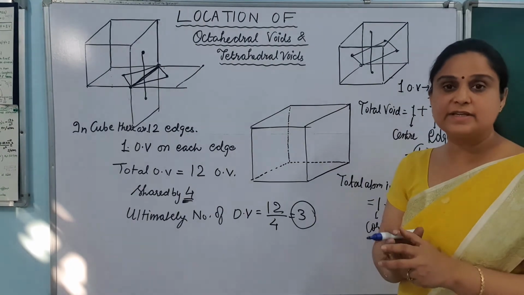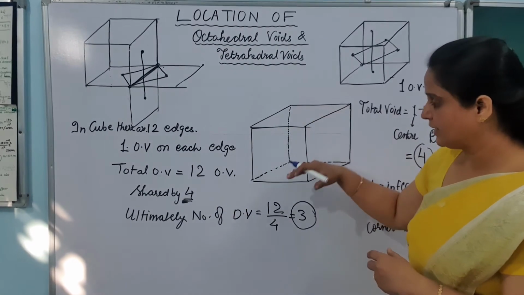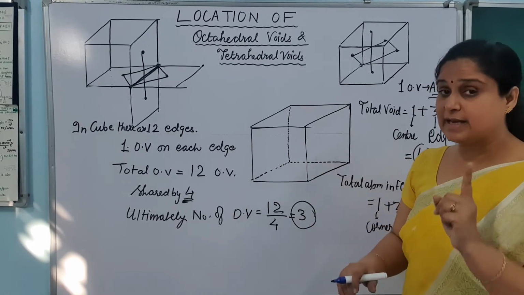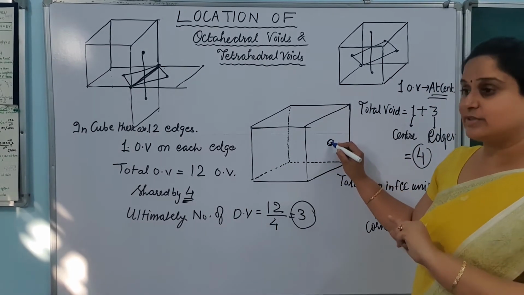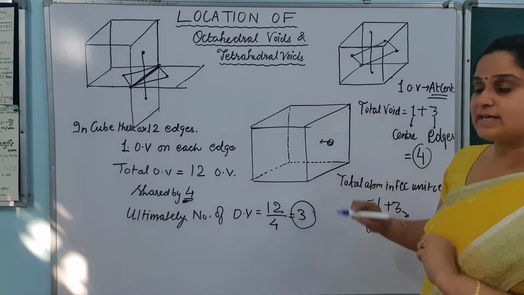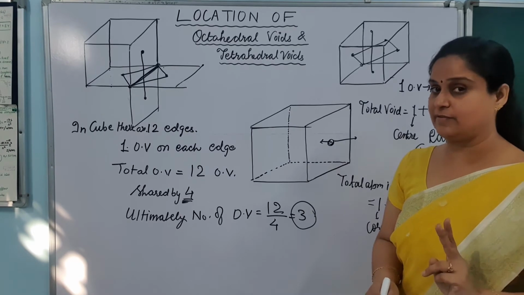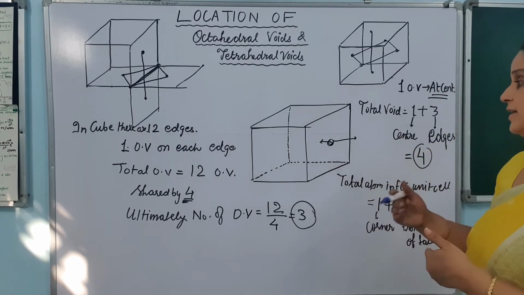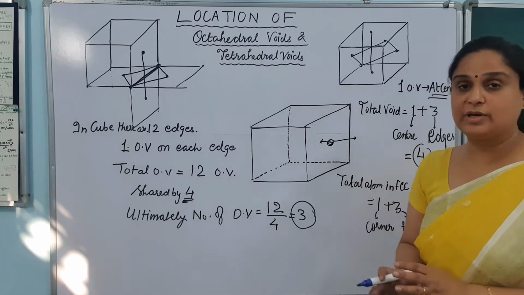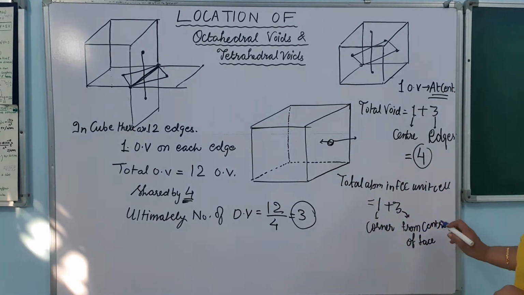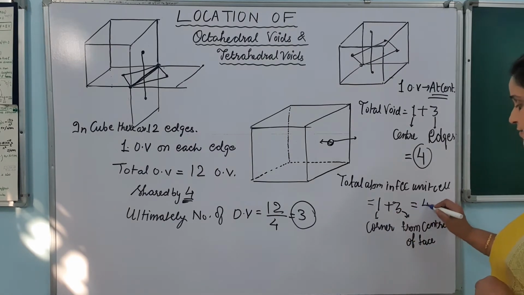How many phases were there in cubic unit cell? There are 1, 2, 3, 4, 5 and 6. 6 phases. The atom which is present at the center of the phase was connected with this unit cell as well as to the nearby unit cell. So the contribution was half. And just because 6 atoms were there and contribution was half, we got 3 atoms overall. So the total 3 atoms from the center of the phases and 1 atom from the corner. Total number of atoms were 4.